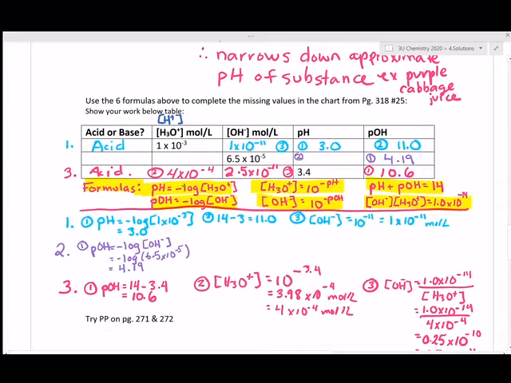Now I'm going to do the easy one. I'm going to get the pH. So 14 subtract 4.19 is 9.81, and that is my pH.